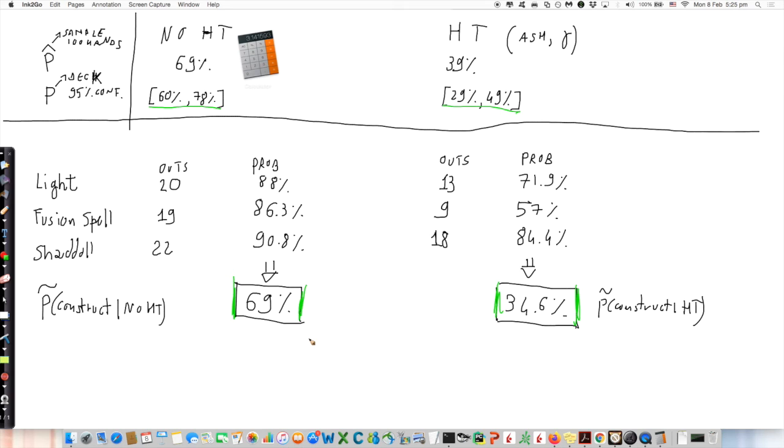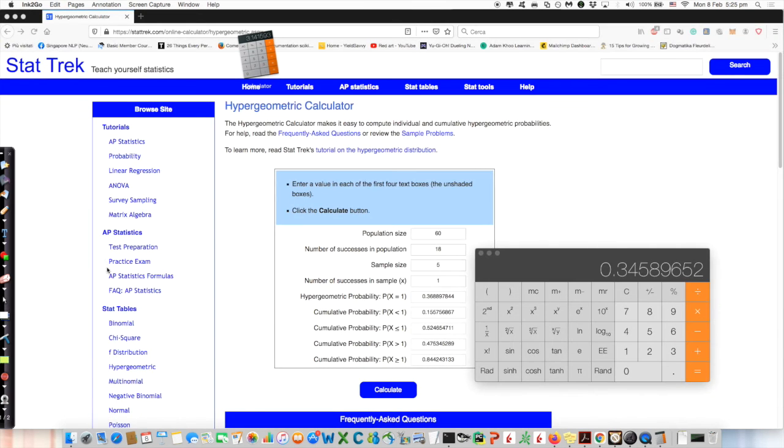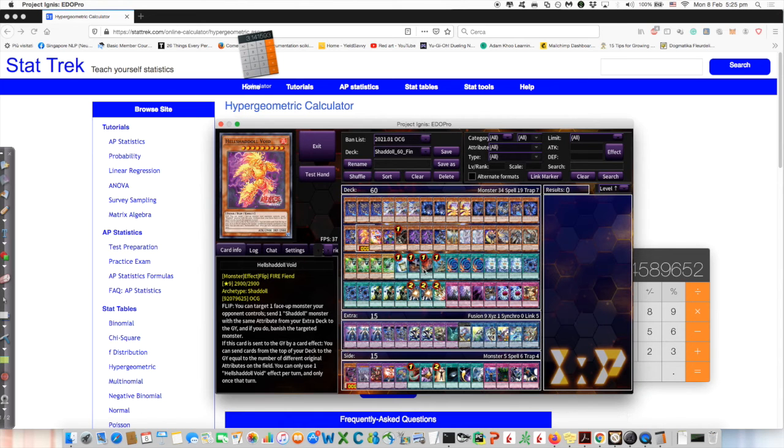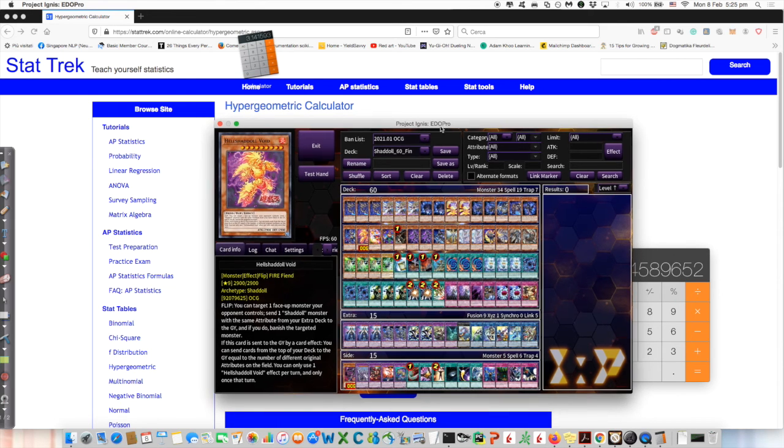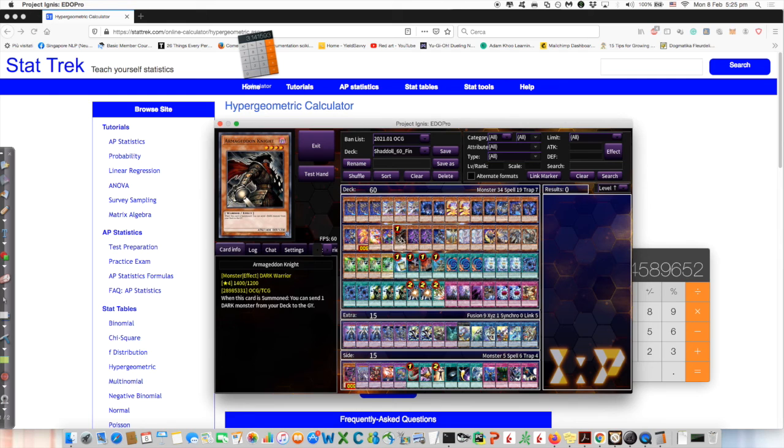I want to summarize again what we have done. We first went to the deck. We counted how many ways we have to get a Shaddoll monster, a light monster, and a fusion spell, when the opponent has got no interruption, so we can use any way to get the cards we want, like this for getting light, or Shaddoll or Vion to get light and polymerization.